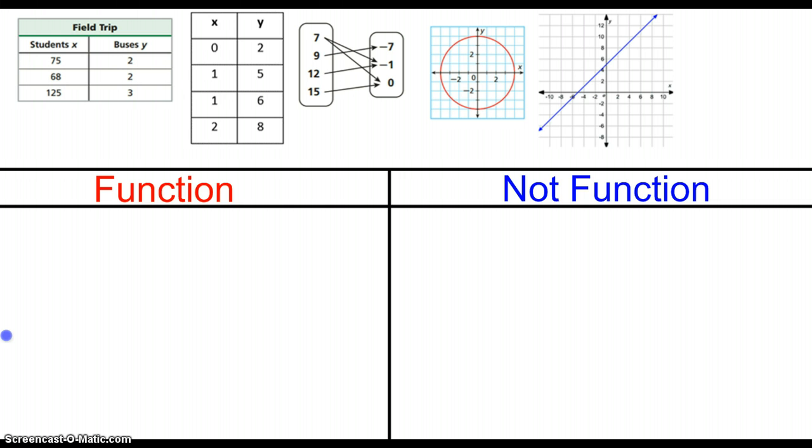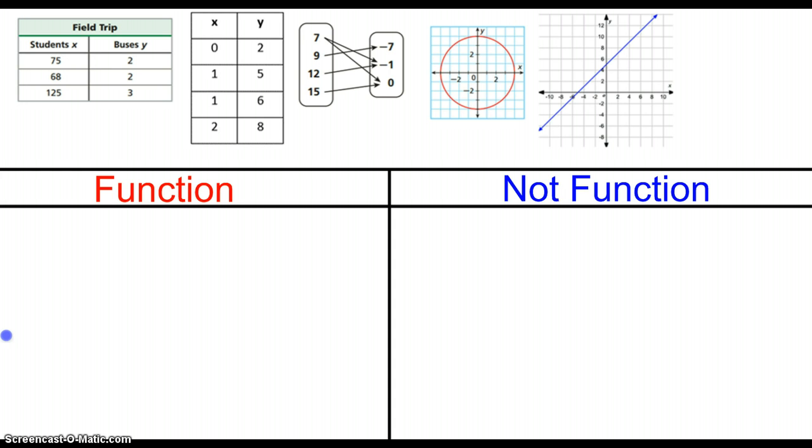Alright, if we look at the first table, we have 75 students to 2 buses, 68 students to 2 buses, and 125 students to 3 buses. Notice how all the x values are different for this one. That's a good sign. That means that we do have some repeats in the y section. That's alright.